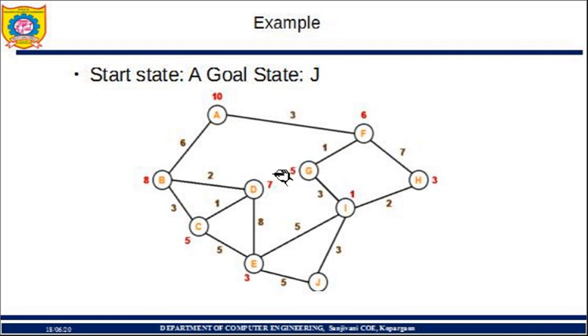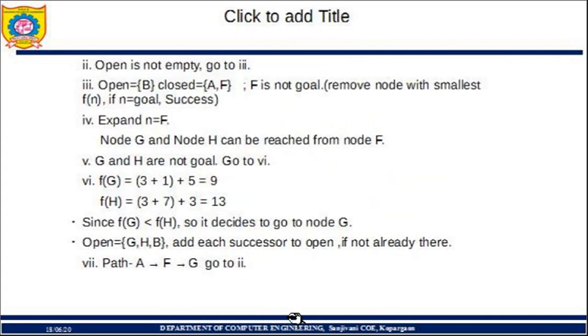So 3 plus 1 plus 5 will give me F of N for this node G. Similarly, F of N for this node H is found as 3 plus 7. This is G of N plus 3, which is nothing but H of N. So in this fashion, you have to find F of G and F of H.